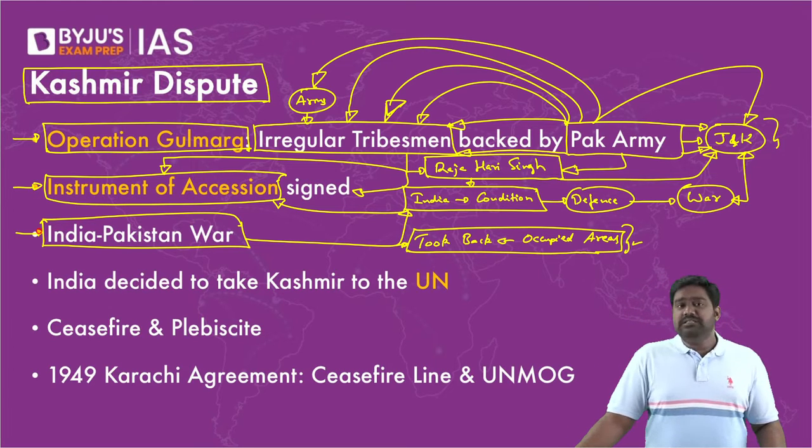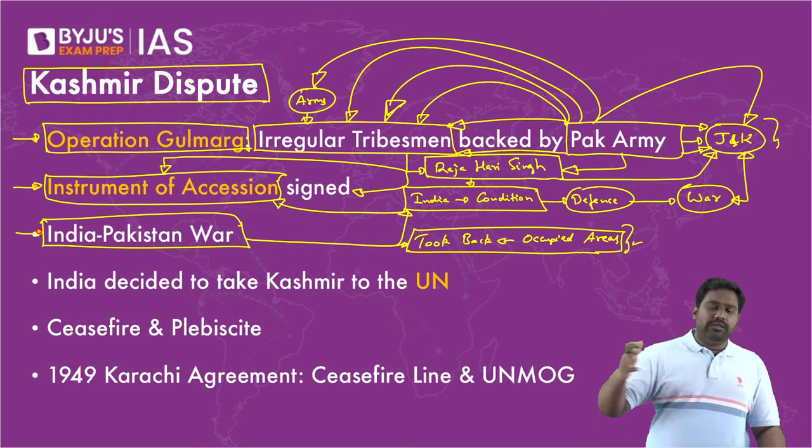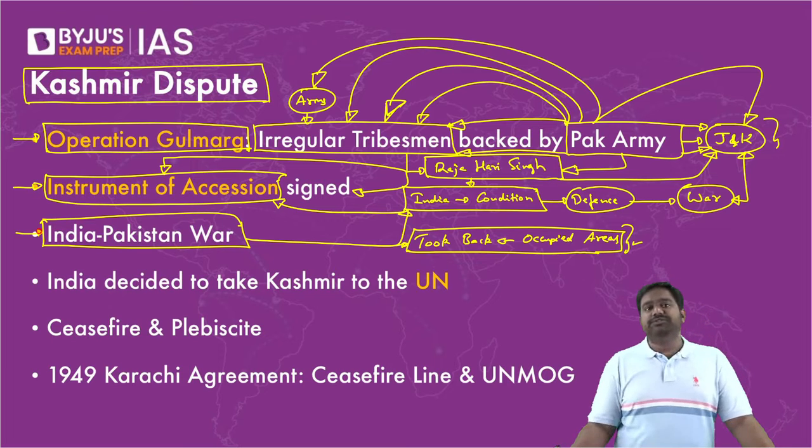So, given the circumstances, India decided that we can't go on forever with this war. The war had already lasted a couple of months, from around November till January, from 1947 to 1948. The war was already dragging. And also understand, J&K is a very complex terrain, complex geography. It's the Himalayan mountain ranges.